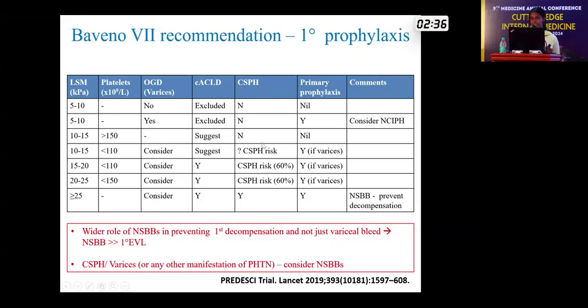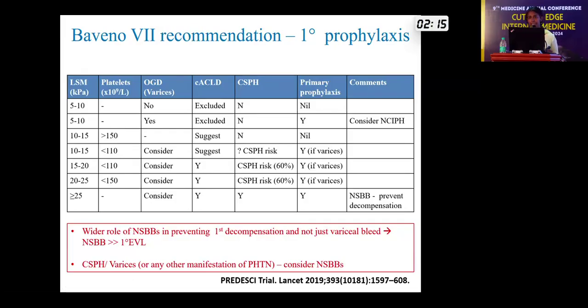There is a risk for CSPH. If there are varices, give these patients beta blockers. Again, as the LSM goes up, 20 to 25, it is CACLD, it is clinical portal hypertension. These patients, if there are varices, give. Beyond 25, irrespective of anything, give beta blockers.